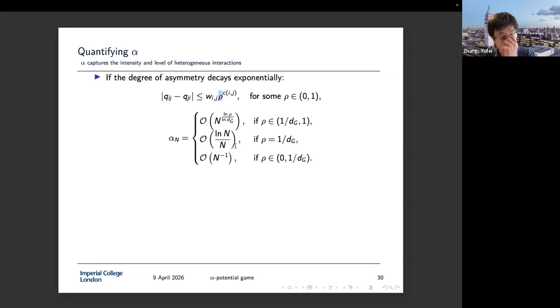In this case, you can use the previous upper bound of alpha. You can precisely quantify how this alpha decays with respect to the number of players, depending on the degree of interaction d, and on the speed of the interaction decay, given by rho.